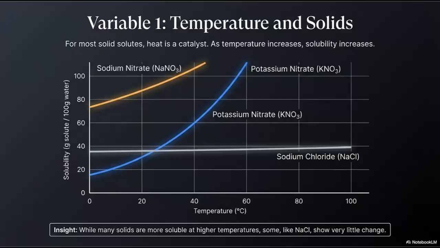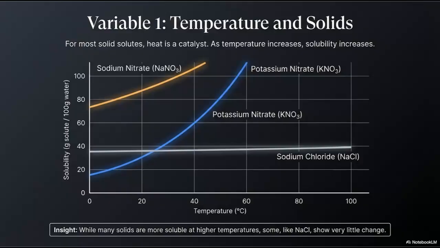There's some that go down, because for every rule, there's an exception. In some cases, increasing temperature makes that solubility go down instead of going up. It has to do with other factors that we are not going to explore here. Just know that you could have a chart that is going down instead of up, and that's the case.